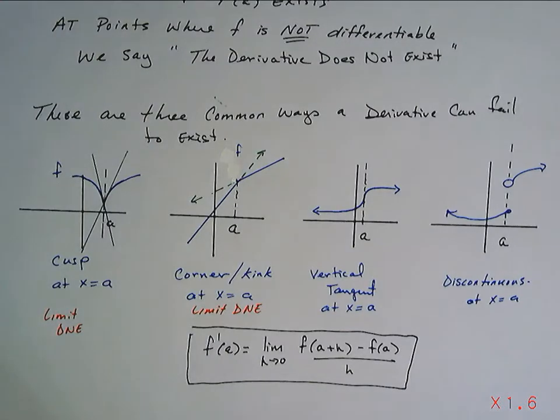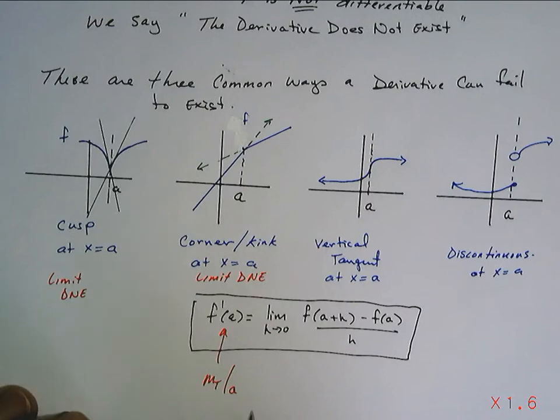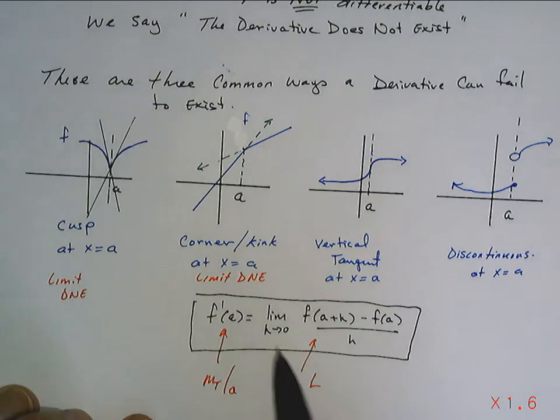But you know that if this is going to represent the slope of the tangent of f of x at A, well, it's got to be a finite value, right? If it's going to be a limit. Limits have to approach a real number. And infinity is not a real number. So that derivative does not exist because the limit does not exist again. Although there is a vertical tangent line there.